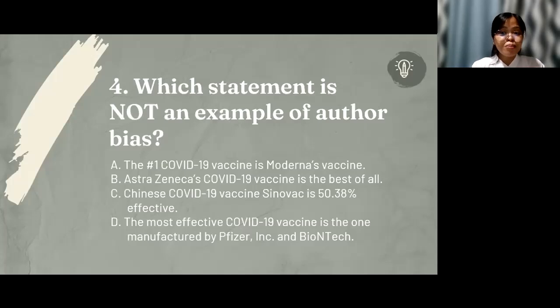Or letter D, the most effective COVID-19 vaccine is the one manufactured by Pfizer Incorporated and BioNTech. Which among these does not show author bias? The answer is letter C. Let us find out later on why it's letter C.